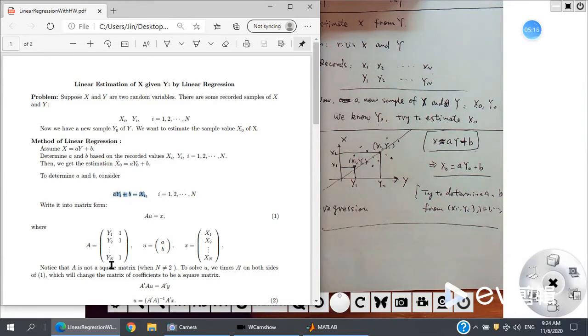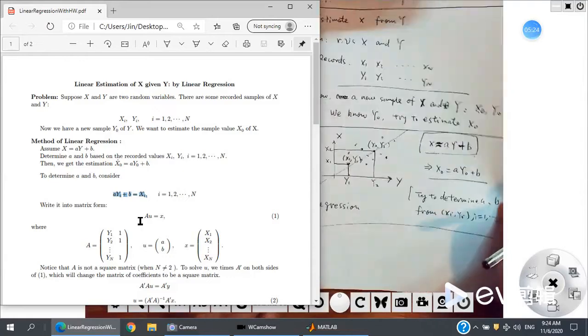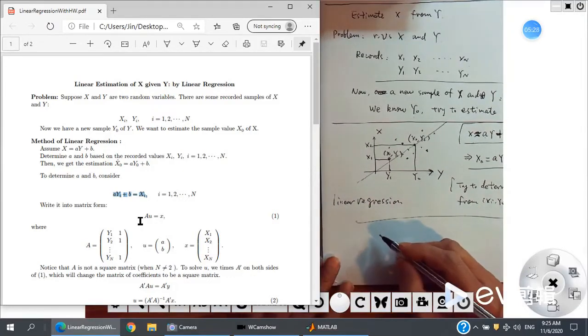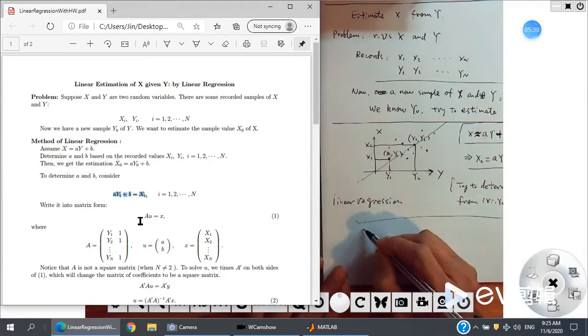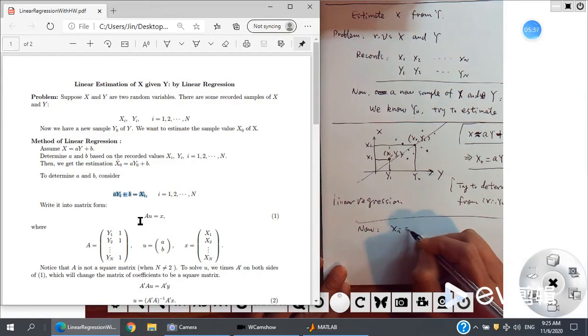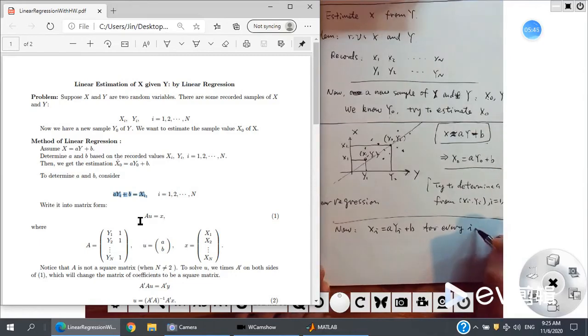Then we can write these in a matrix. I prefer to write on my paper, but you can read the notes in that file. We have xi equal to a yi plus b for every i, i running from 1 to n.